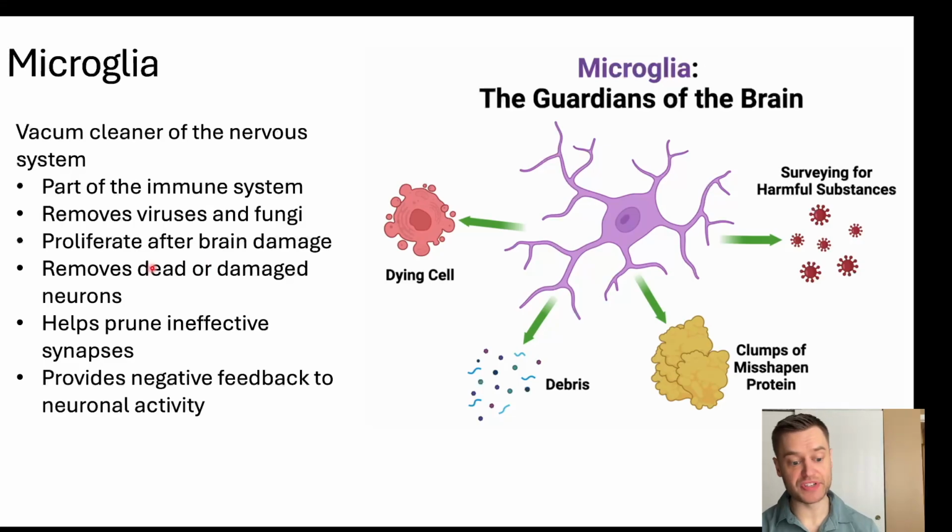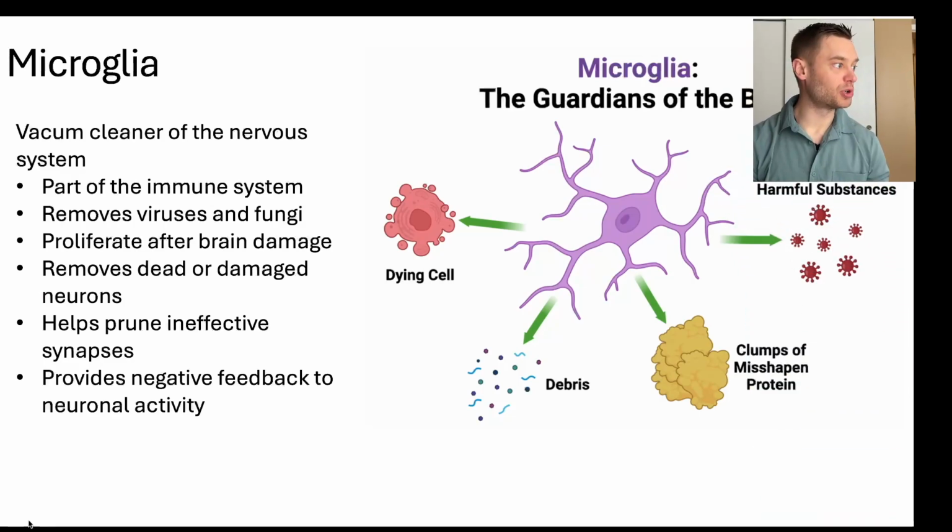They also remove dead or damaged neurons, and they help prune ineffective synapses. So pruning is this idea that you may have two neurons that are communicating, and they're synapsing, and maybe they're not communicating effectively for whatever reason. Pruning means getting rid of those synapses or severing that communication between the two cells.